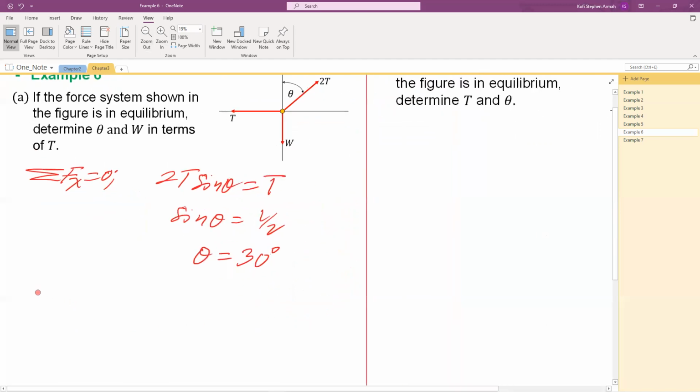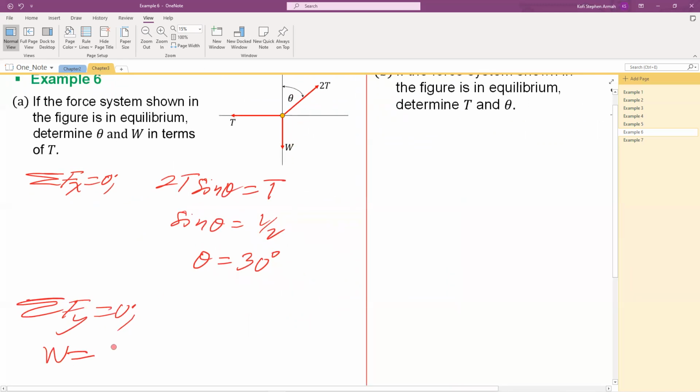Therefore, if you go to sum of forces in the y is equal to 0, then we can write W, which is coming down, and the only one that is going up is your 2T cosine theta.